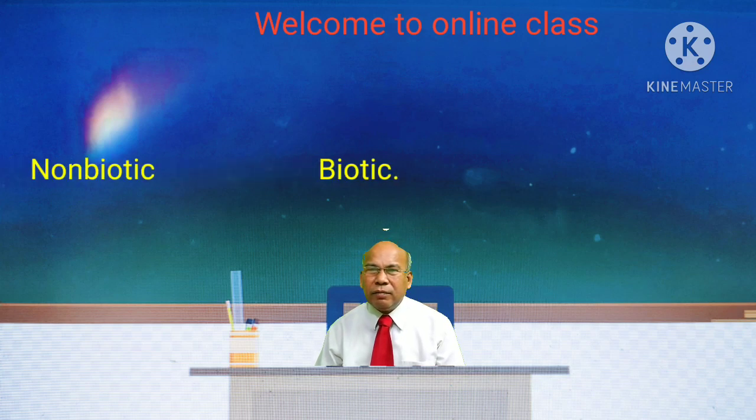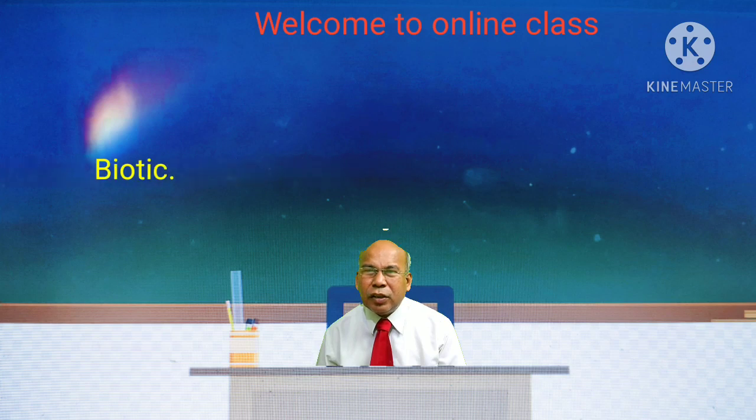So the earth contains both biotic and non-biotic components. Biotic means living beings, those that have life. Non-biotic means non-living things like stone and the things in the world which do not have life. Therefore, in this earth, the total percentage of items like carbon dioxide, oxygen, water and so on should remain the same.